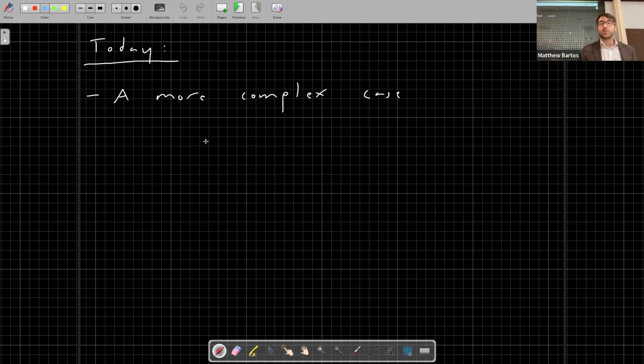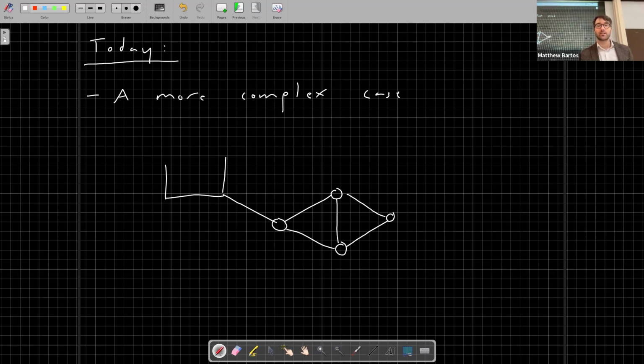So in particular, we're going to be looking at a looped pipe network. Previously, we just looked at a branched pipe network. Today, we're going to look at a more complicated looped pipe network that's going to look something like this. And we are going to solve, again, for all of the pressures and flows within the system.